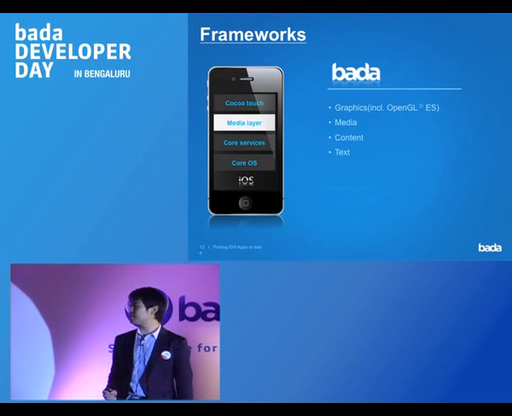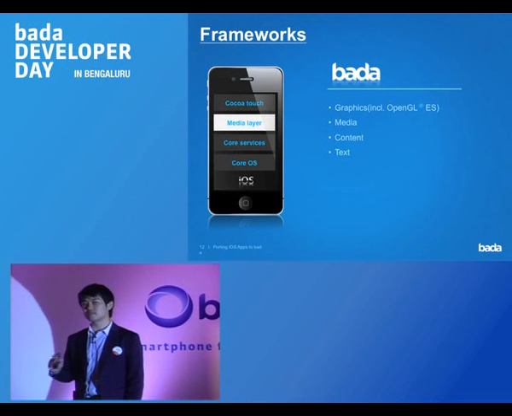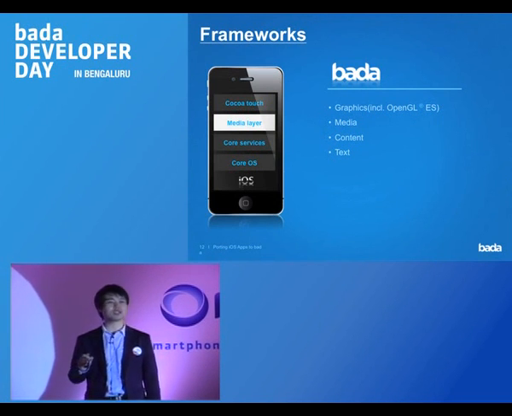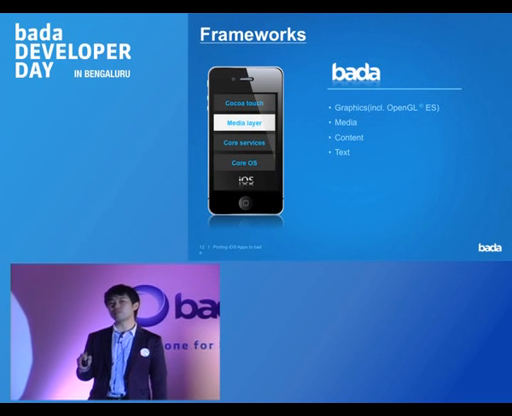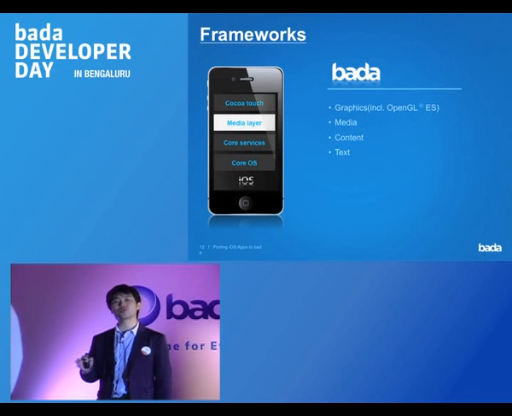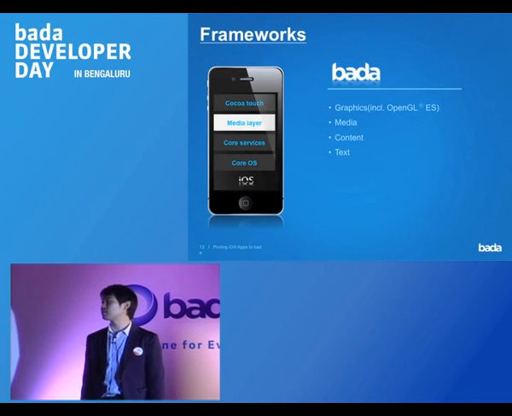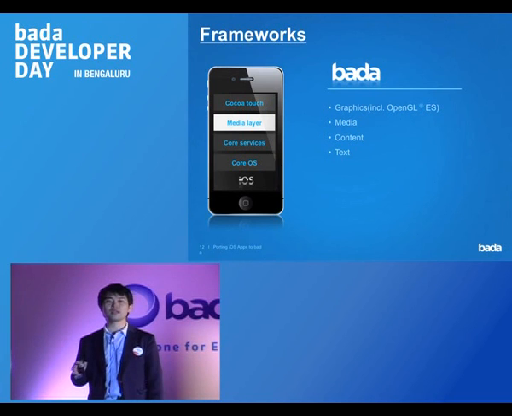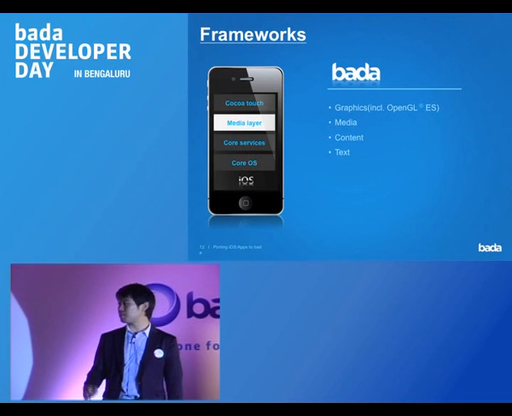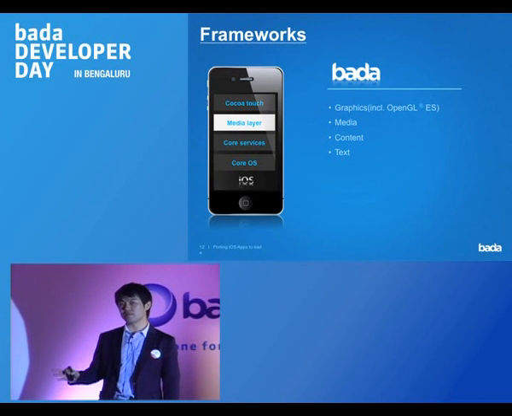Yes. Third is the media layer. It's clear. We also provide OpenGL ES 1.1 and 2.0, which is covered by the graphics namespaces, also 2D drawings and graphics. And for media, you can play sound, music and playback, covered by media and video also.